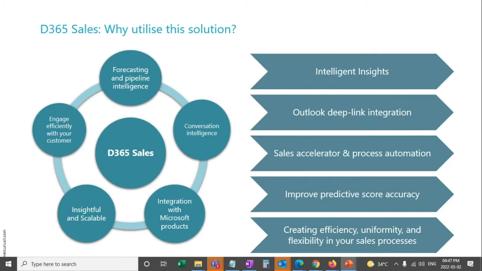And at the same time, depending on your company strategy, you have the flexibility to customize the sales process according to your need. Thereby, it ensures that at the end of the day, your sales team has a higher performance and has a higher chance of converting prospects into customers.